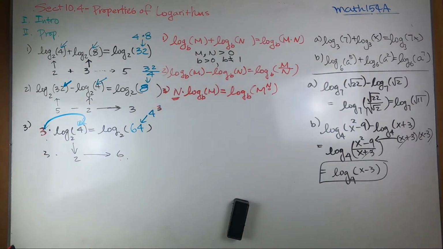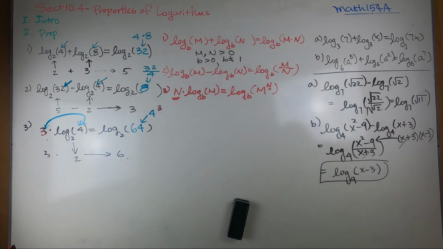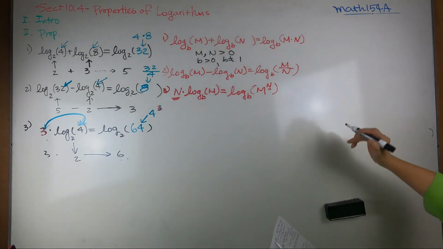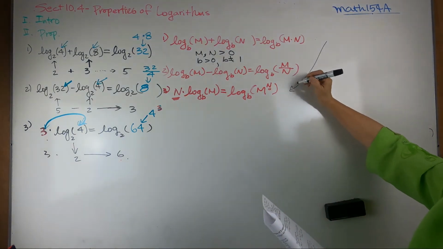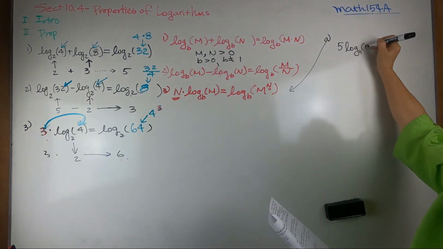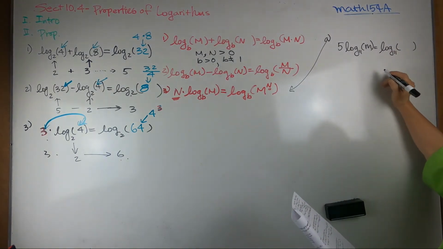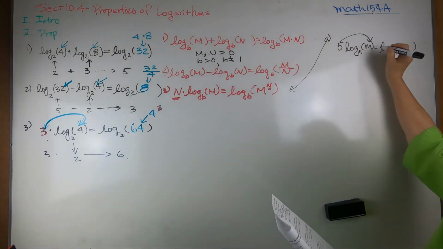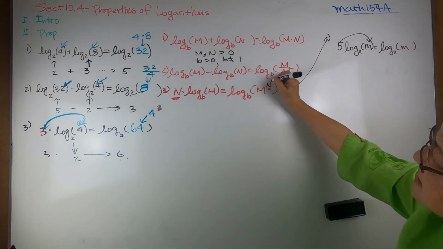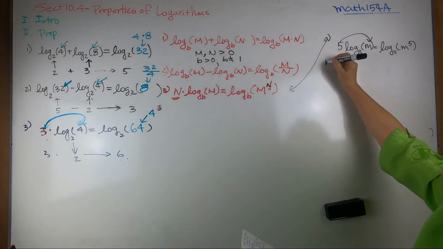So let's see some examples of the power property to write a single log. If I have 5 log base 11 of m, and I write just a single log with nothing outside, you move the 5 inside and it becomes the power, so that would be m to the 5th power.